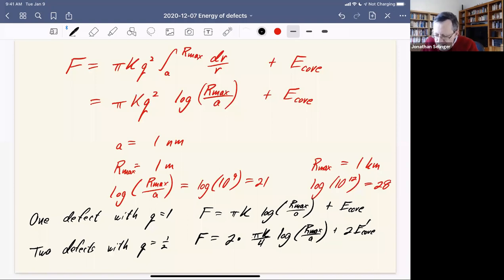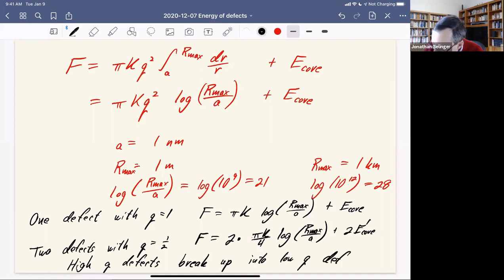In general, the second is smaller than the first, because there's this extra factor of 2/4, or 1/2, in front of it. So that's a reason why high Q defects break up into low Q defects. There'll be less defect energy associated with them.